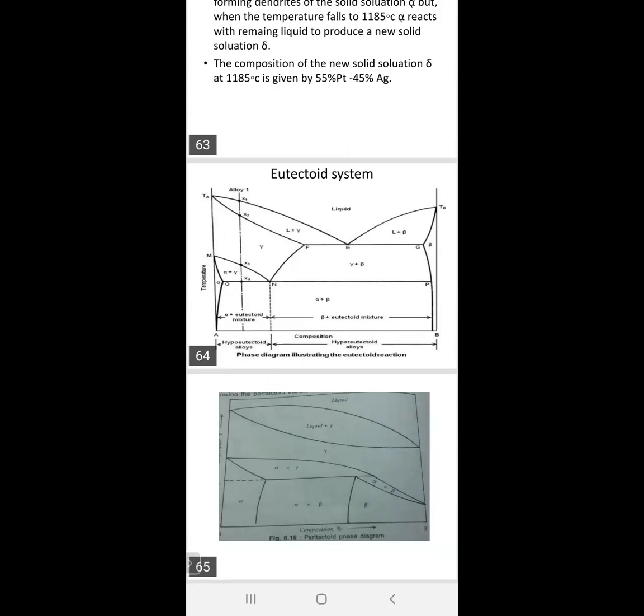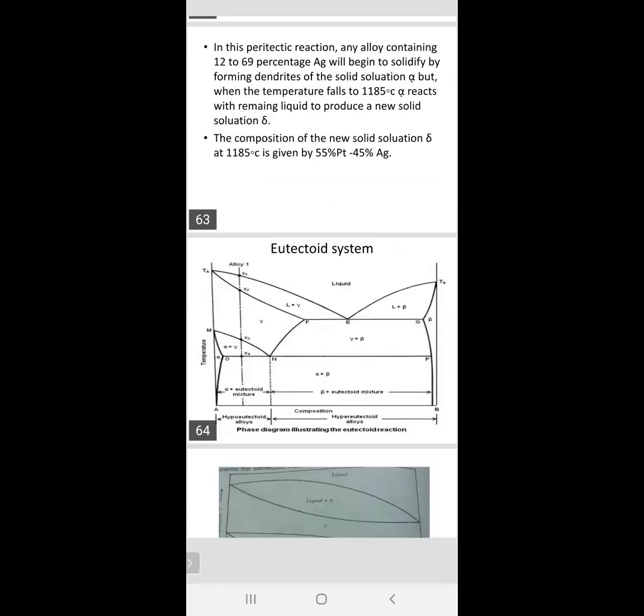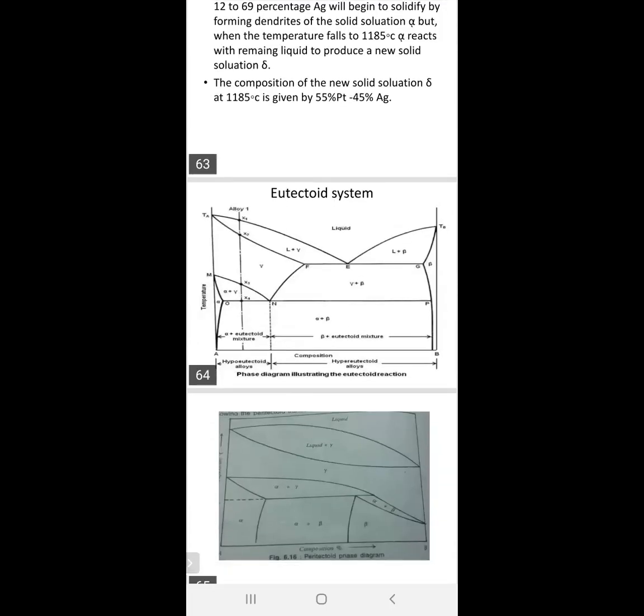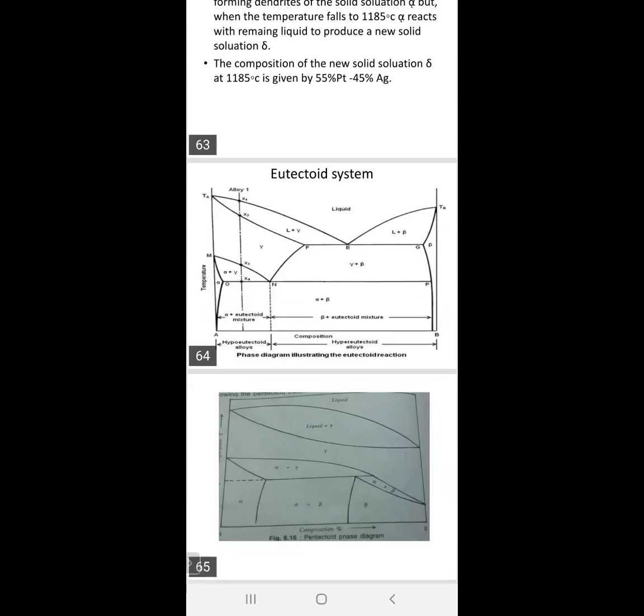Can you tell me what is the invariant reaction of the eutectoid system? Just now I have shown you. In eutectoid, one solid gives two different solids.